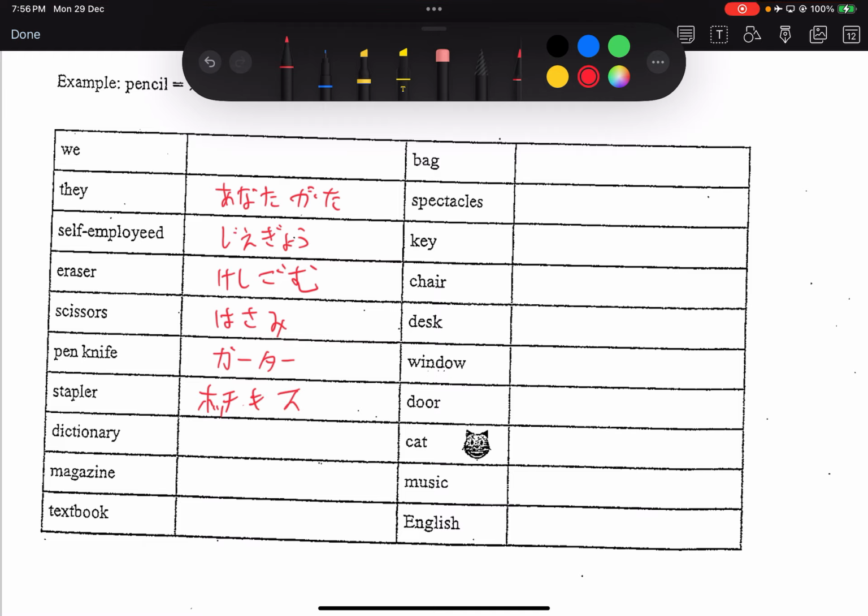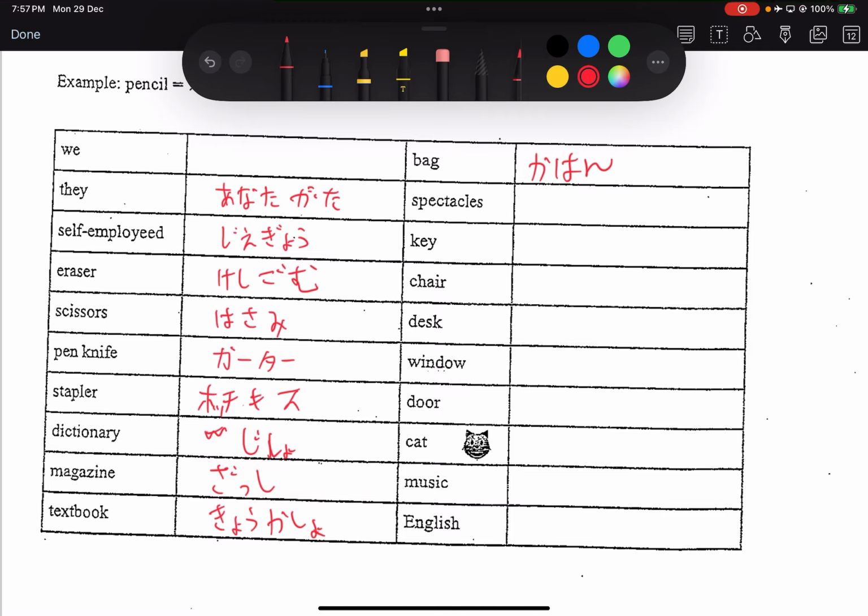Dictionary, start with J: jisho. Magazine: 雑誌, zasshi. Textbook: 教科書. Very good. Bag, type K: kaban. Okay.